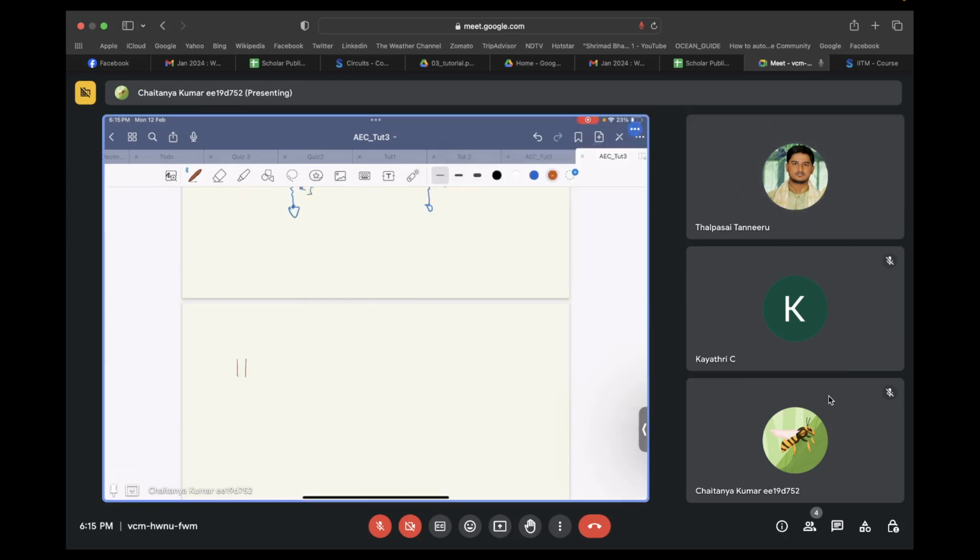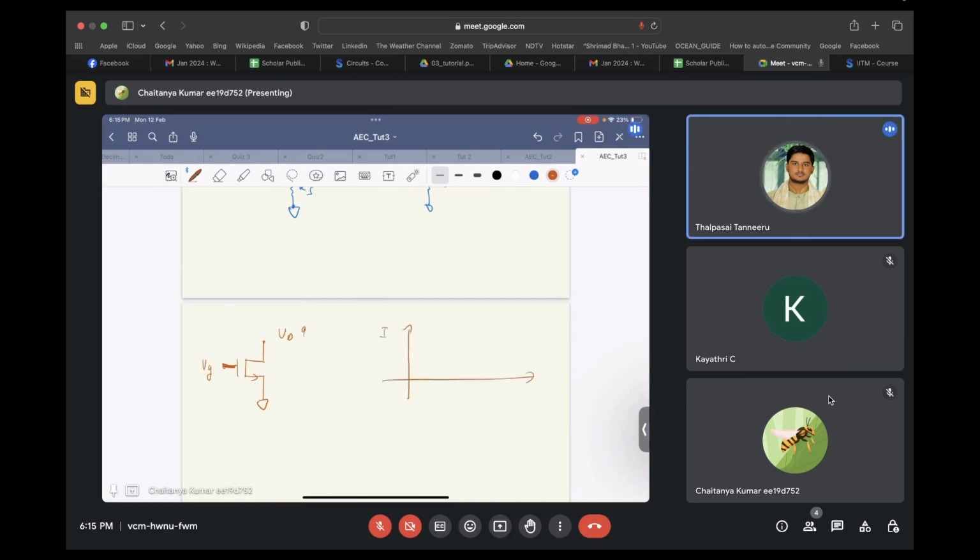So basically, let's say there was some VG over here, and you are increasing the VD. The ID versus VD characteristic will be something like this in the ideal case, but due to channel length modulation, it will be something like this.